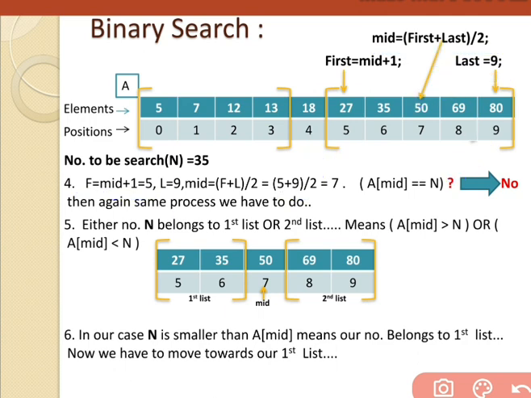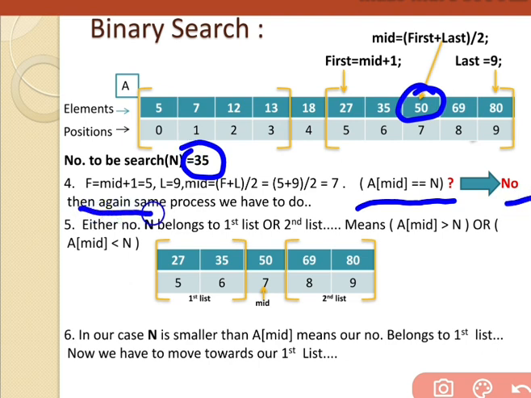Now we have to check whether the element in our mid location, that is 50, matches our number to be searched or not. Again see, 50 never matches 35, so the answer is no. Then again we have to do the same process.